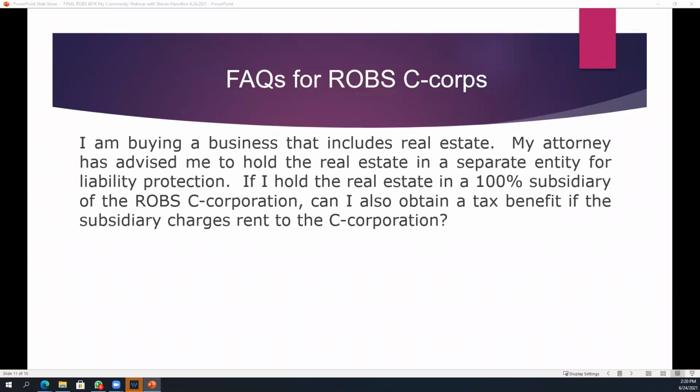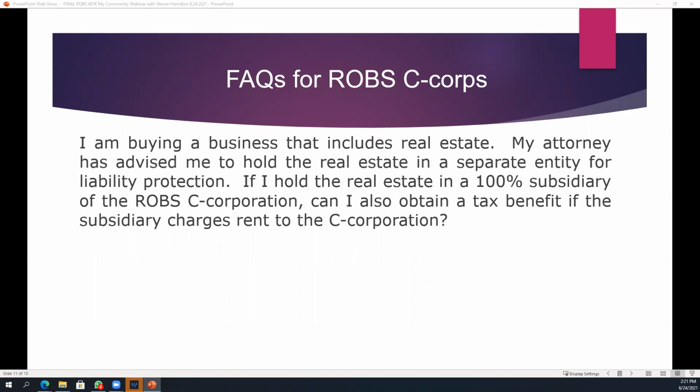Well, this is actually a great question. There is no specific tax benefit by charging rent to the C Corporation. However, in order to maintain the veil of that subsidiary and of those entities, it may be reasonable or necessary that you are actually writing those checks and following that formality. That goes back to the formality item we were just talking about before.